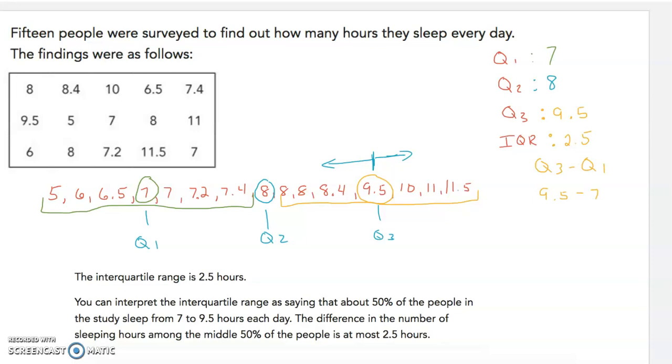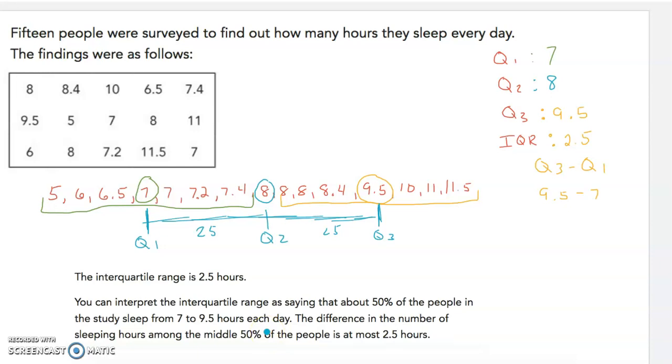So now remember, from quartile 1 right here to quartile 3, this represents 50% of the data. So there's 2 sections, and again, each section is 25%. This is 25%, this is 25%. So altogether, this represents 50%. So about 50% of the people in the study sleep from 7 to 9.5 hours a day.